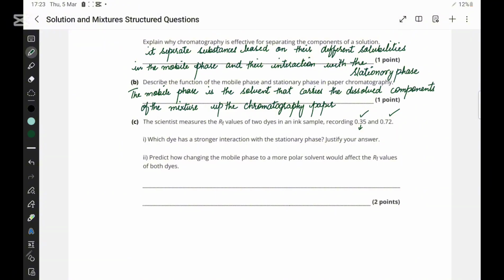So the dye with RF equal to 0.35 moves less, indicating stronger intermolecular force with the paper.